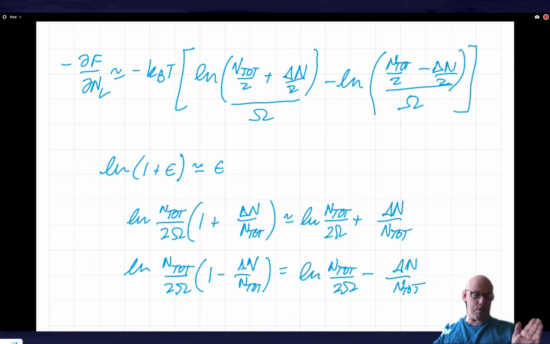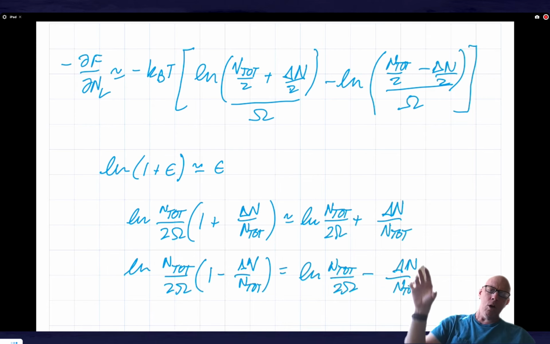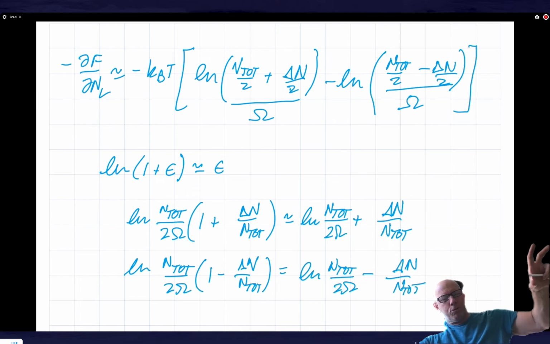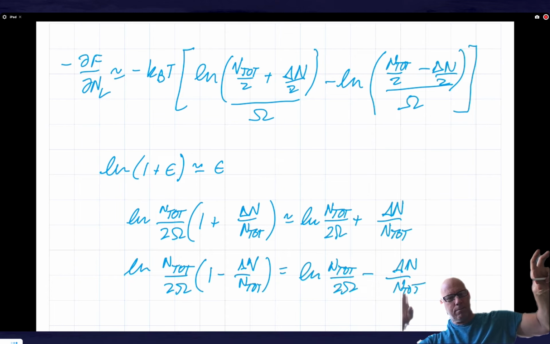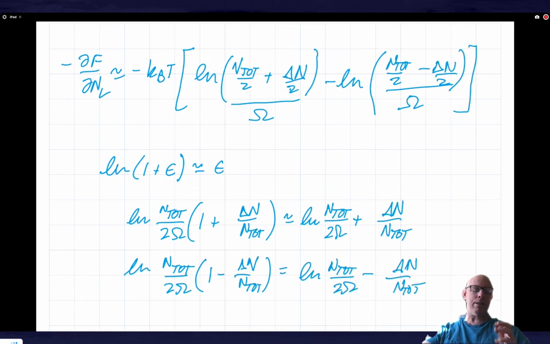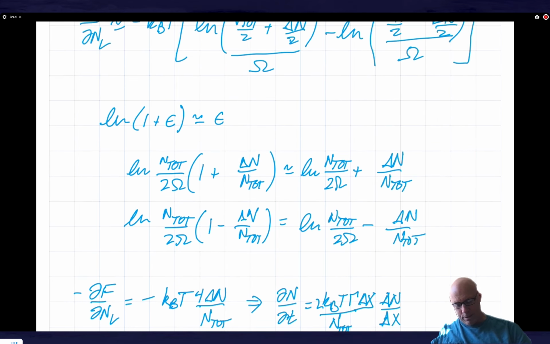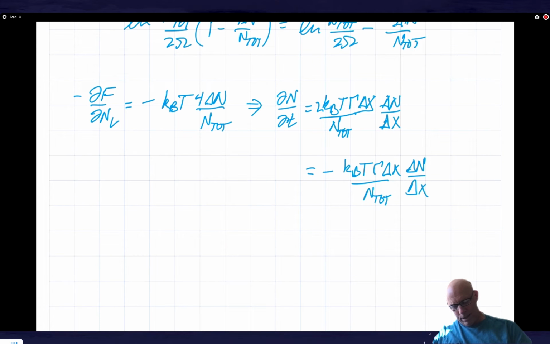The total number of particles is fixed. So if I put an extra delta N over 2 on the left side, then I've got to subtract delta N over 2 from the right side. That's a legal arrangement of the particles that respects the fact that the total number is N_tot. So now I can expand these logarithms in the small parameter delta N, and what I find is that minus dF/dN_L gives me this very simple relationship.